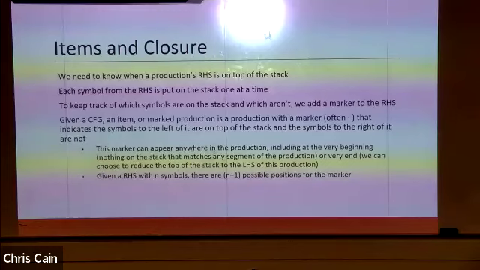So how many possible places are there for that dot? If there are n symbols in the right-hand side, there are n+1 possible positions. It can be before the first position, which we will call position 0. It could be after the last position, which we will call position n.